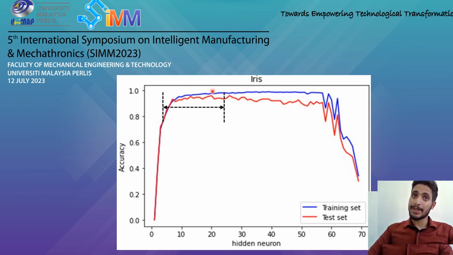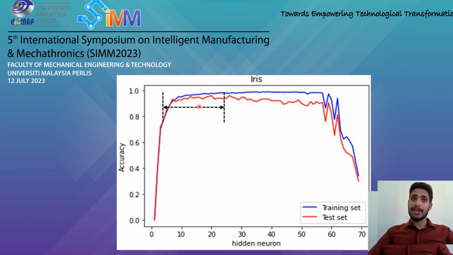So the model keeps training, going up, increasing, and then it's not changing. And at some point here, almost 59 neurons, we can see the training set and the test set start going down. Why? Because a very high number of hidden neurons in the hidden layer can decrease the accuracy of the training set and the testing set.